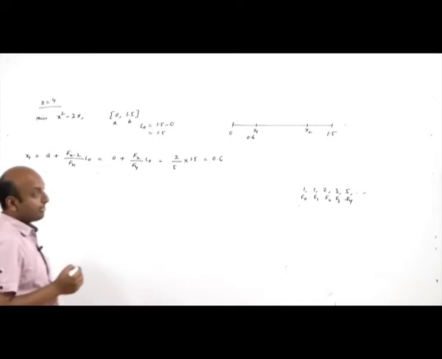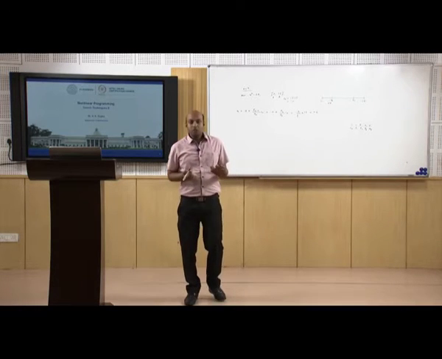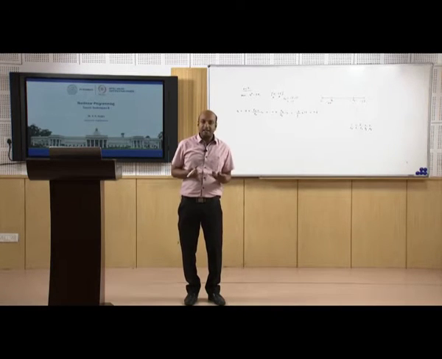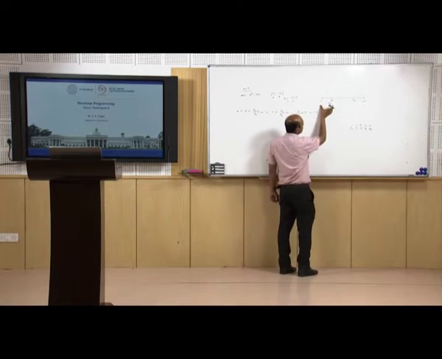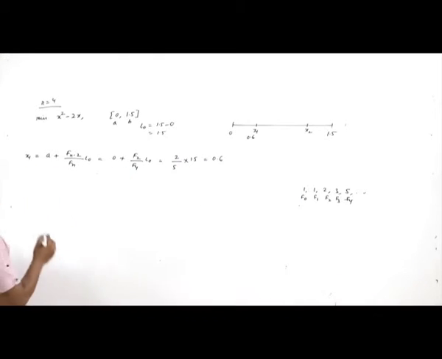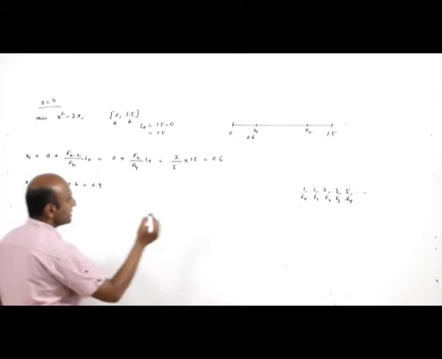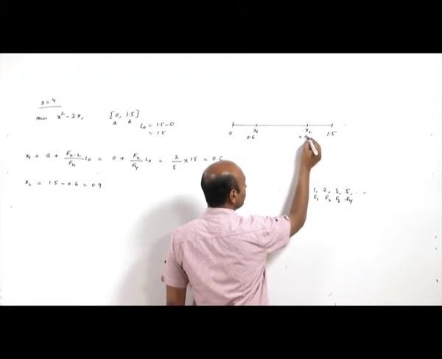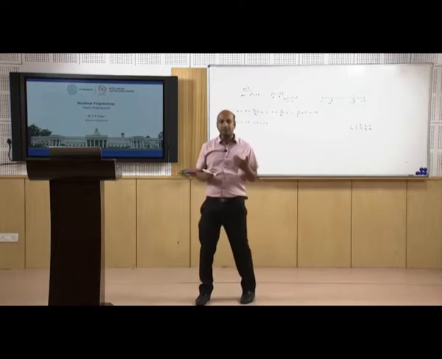Now, we know that if you find the two experiments, they are always placed symmetrically from the endpoints. So, if this distance is 0.6, then this must be 0.6. So, what will be x2? x2 will be 1.5 minus 0.6, which is 0.9. So, this experiment will be 0.9. This is by the Fibonacci search method.